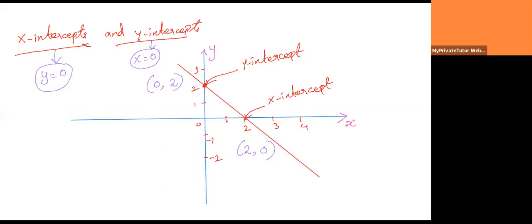So now let's try some questions. The question is, find the x and y intercept of the given linear equation. For example, it is 2x + 3y = 12. Find the x and y intercept and write it using the coordinate or a point. How do you find the x-intercept first?